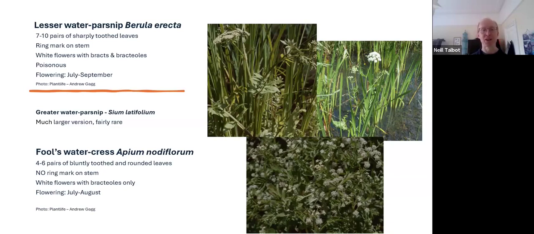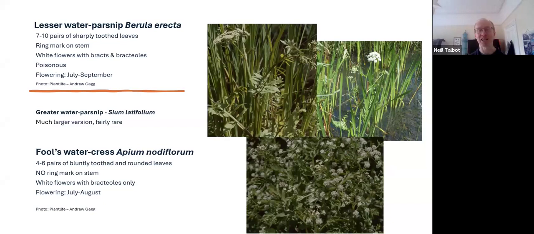So these are all species from the carrot family, and just a bit of a warning: if you are looking at plants from the carrot family, there's quite a lot of species within that family that are poisonous. So unless you're completely sure what they are, I wouldn't recommend picking some of them or even touching some of them.